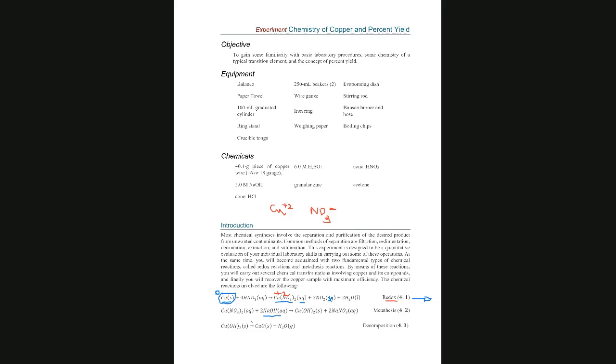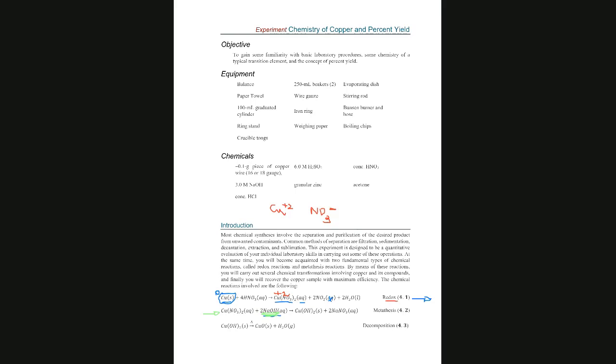Let's look at the second reaction. What do we have? We have a beaker. We have no solid at this point because all the copper solid is in a solution, a blue solution, as copper nitrate. And what are we doing in the second reaction? We add sodium hydroxide, a base.